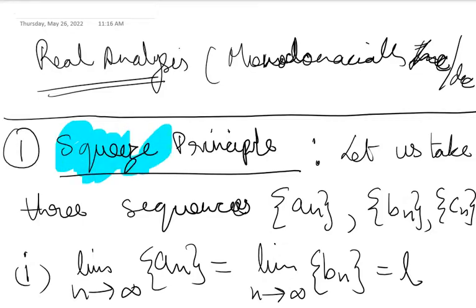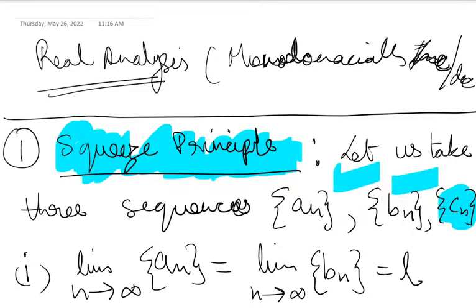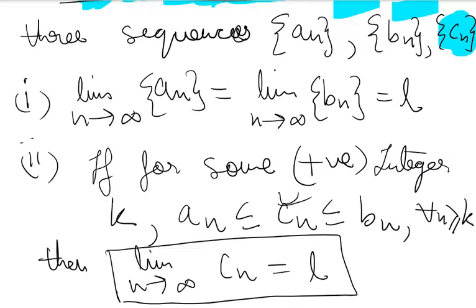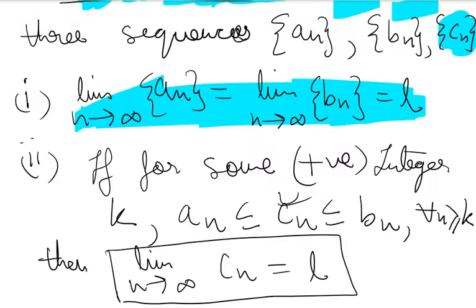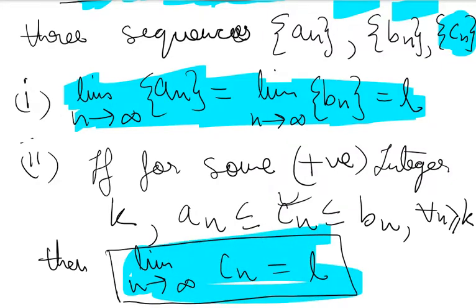When you have a sequence that is between two other sequences, and both the sequences on the outer end are tending to some limit L, then definitely the sequence in the middle, that is Cn, will also tend to L.